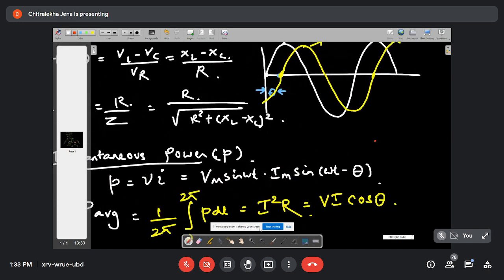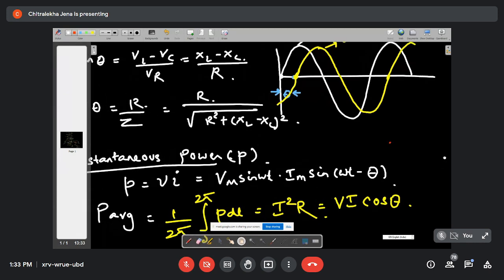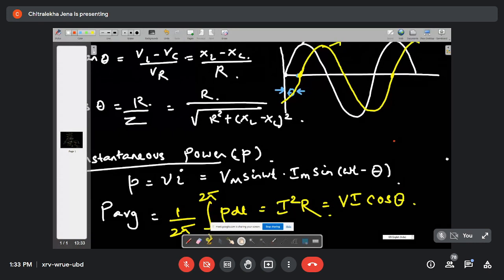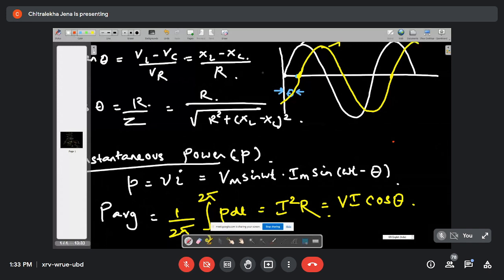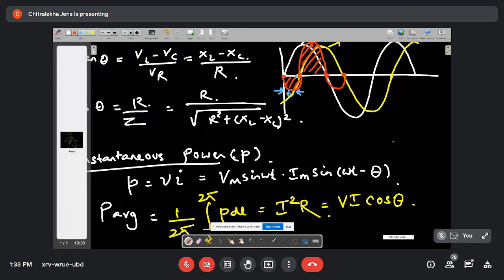Now look at here, look at the waveform. I will draw the instantaneous power. From this point to this point, what is my power? Instantaneous power will be negative. From this point to this point, what is your power? Power will be positive. Okay, clear to all of you? From this point to this point, power will be negative.